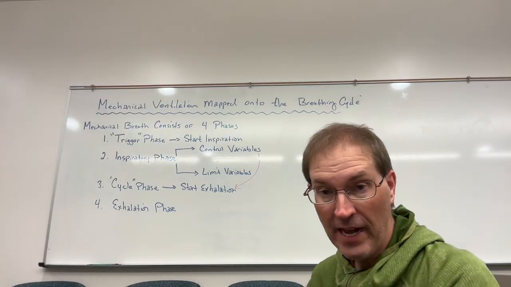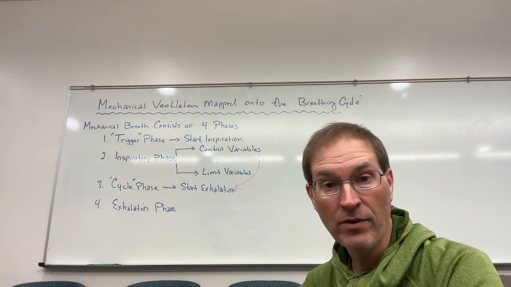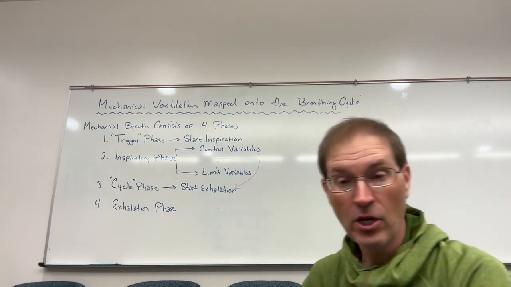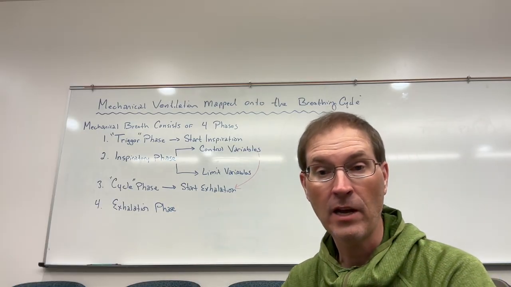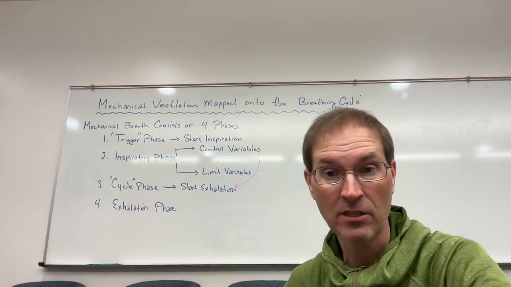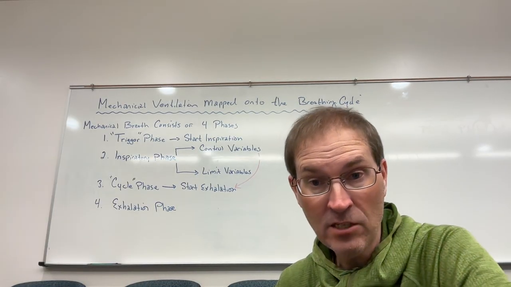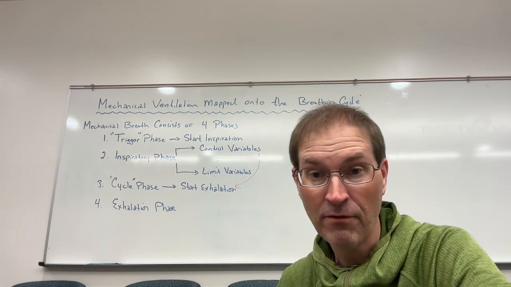All right, so the next thing I want to talk about is the breathing cycle. Under normal physiological circumstances, the breathing cycle really consists of two phases: the inspiratory phase and the expiratory, or exhalation phase.